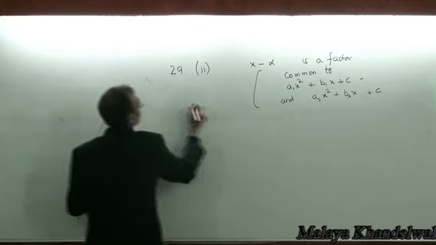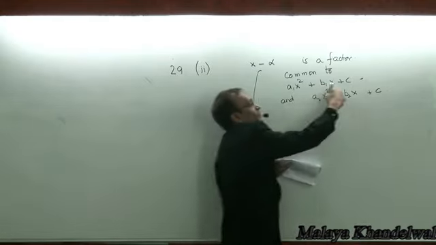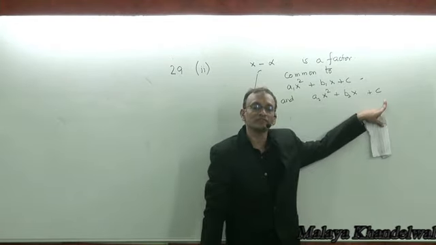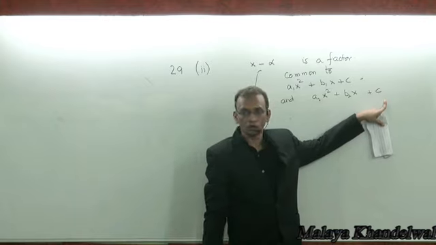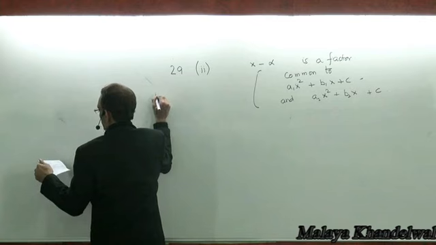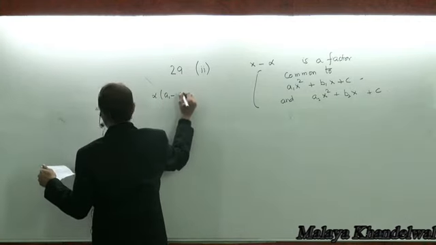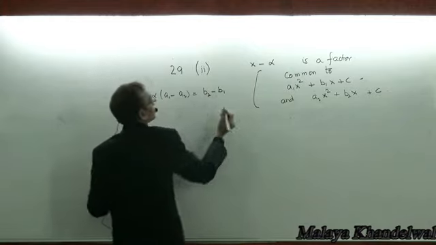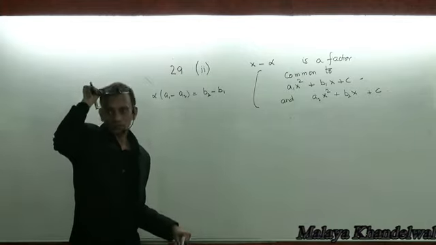When you factorize this, x minus alpha will turn out to be a factor. When you factorize this, x minus alpha will also be a factor. Given this, we want to show that alpha into (a1 minus a2) must be equal to b2 minus b1. That's what we want to show, right?